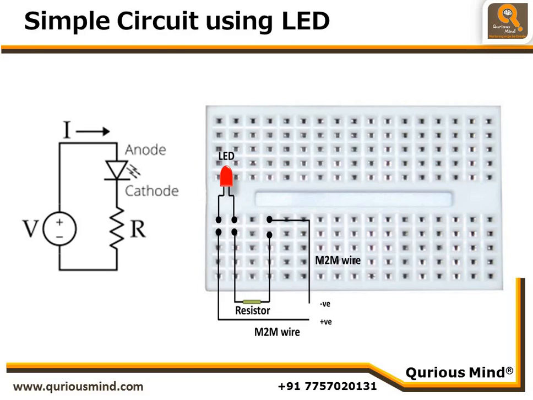Whenever I want, I should be able to switch on and switch off. I should be able to control the switching on and switching off through a program, and hence we cannot directly connect the positive end to the 5-volt and negative to the ground of Arduino. We need a different arrangement.